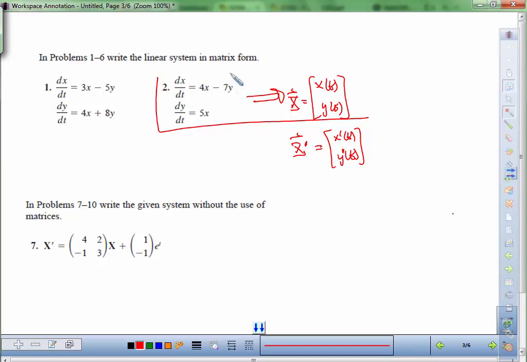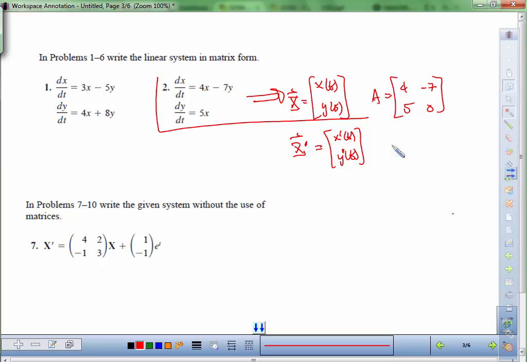Now, we take a look at the right-hand side of the system, and we want to just peel the matrix A out of this. So, again, we just look at the coefficients, 4, -7, 5, and the one corresponding with the y is 0.